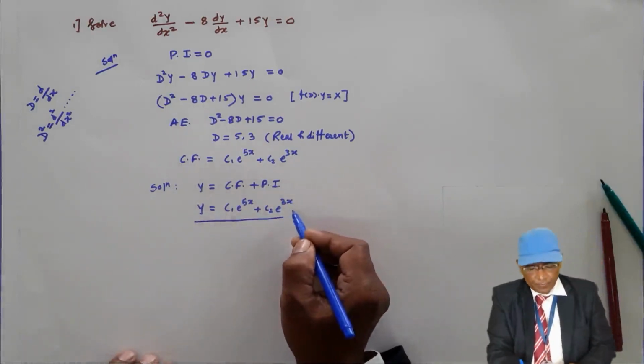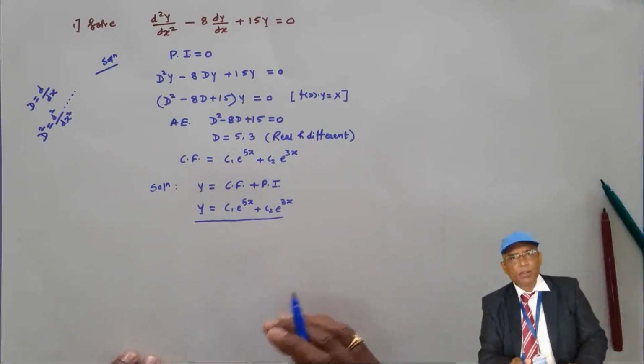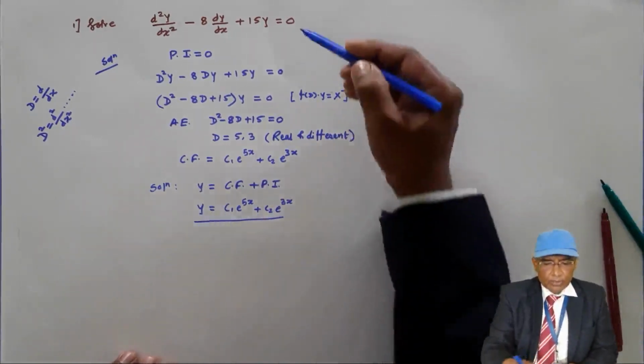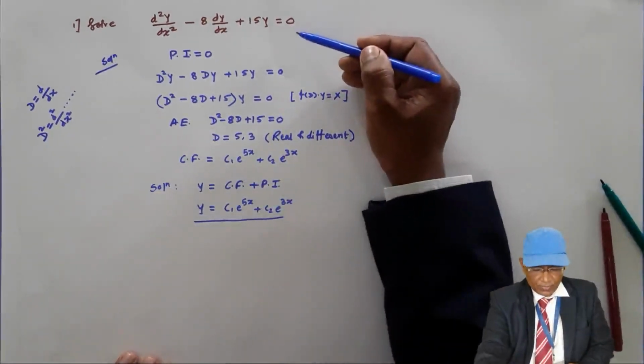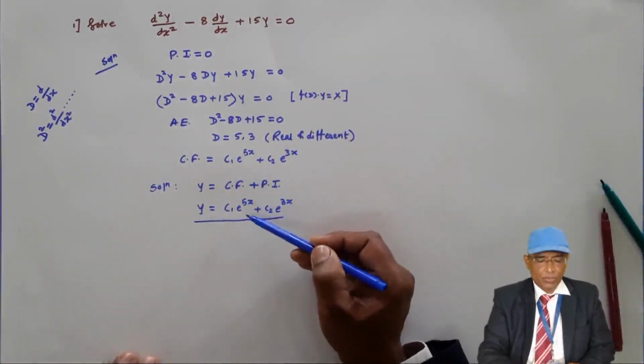No need to write it, because if you add 0 to anything, it will not be affected. So this is the solution of the given differential equation. This means the equation will be satisfied by this solution.